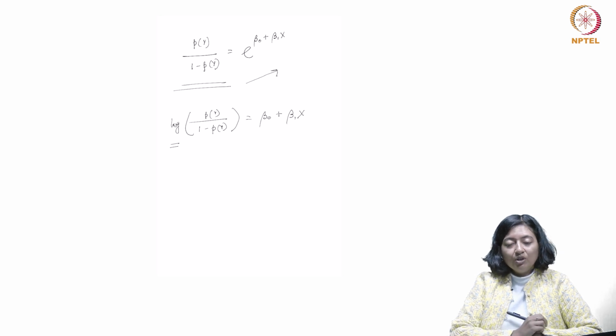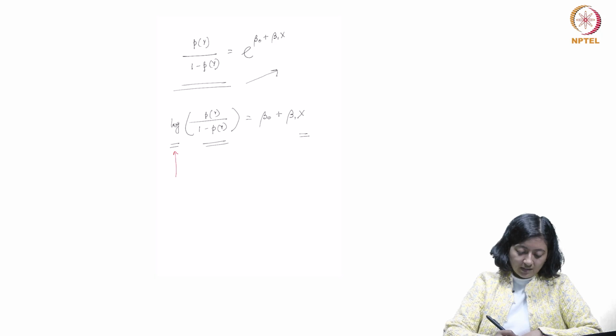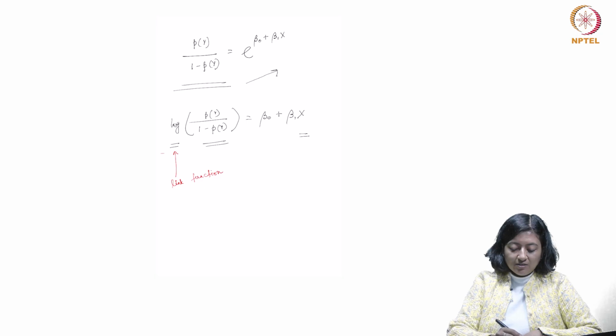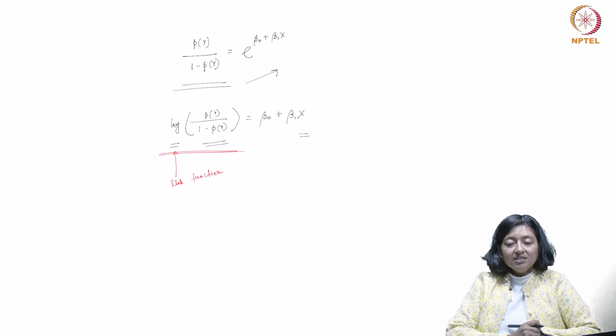This function, which helps us model the odds on x as a linear function, is called the link function. Depending on the link function, the kind of regression also changes. As I told you, this is the logit function which helps us regress y on x. Whenever we are using the logit function as the link function, it is called logistic regression. And there are many other possible link functions such as the log link function, the complementary log link, etc.